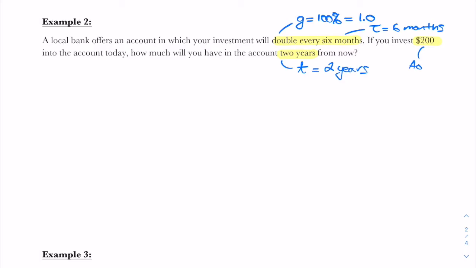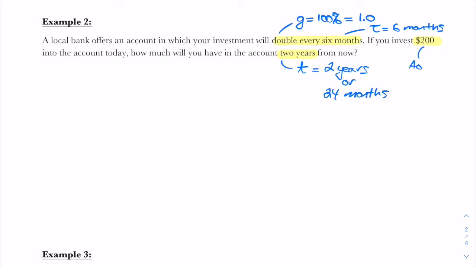All right, so first things first, notice that t and tau don't have the same units. So we have two options here. Either we convert the 6 months into years, or we convert the 2 years into months. I personally prefer to go from a bigger unit to a smaller unit. So 2 years is equivalent to 24 months.